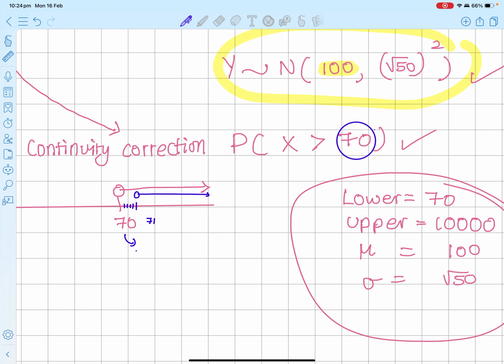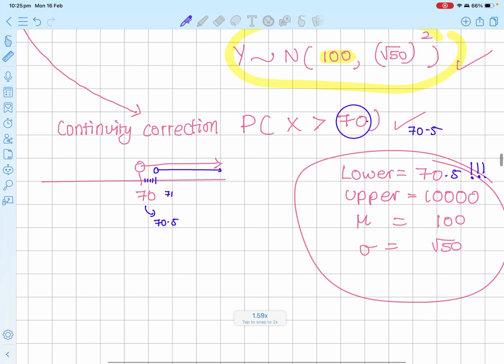We would do it for 70.5 because it started above 70. So the lower will be 70.5 and not 70. Remember, that's really important.